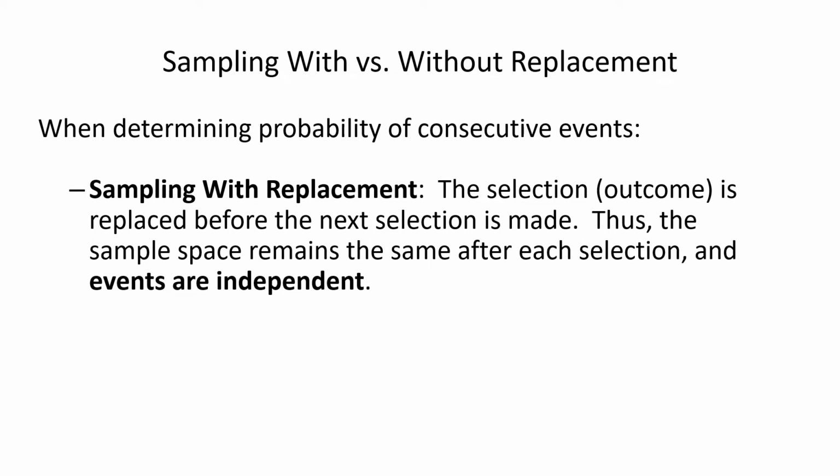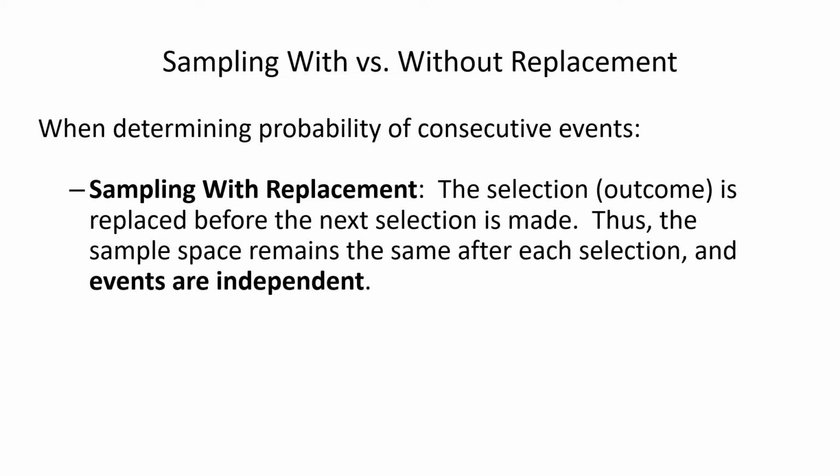Sometimes with replacement is the default. If we're talking about flipping a coin or rolling a die, it's always with replacement, because when you roll a die, you don't take off one of the faces of the die. Every time is going to be independent, so every time is with replacement.